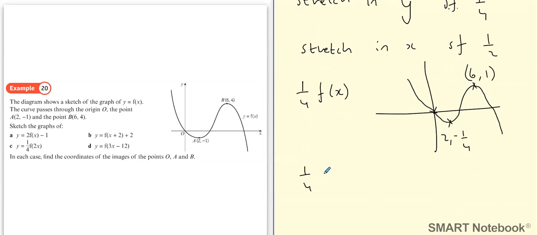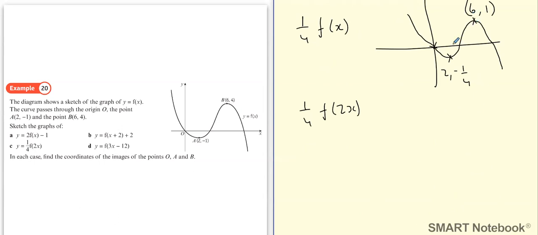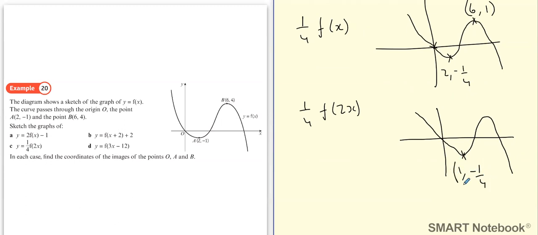And then now if I do quarter f of 2x, I now need to take all the x values on here and divide them by 2, or multiply them by 1/2. Origin's x value is 0, times by 1/2 is still 0, so it's still going to go through the origin. But 2 times by 1/2 is 1, so we get (1, -1/4) here. And that point there, 6 times by 1/2, I get (3, 1).